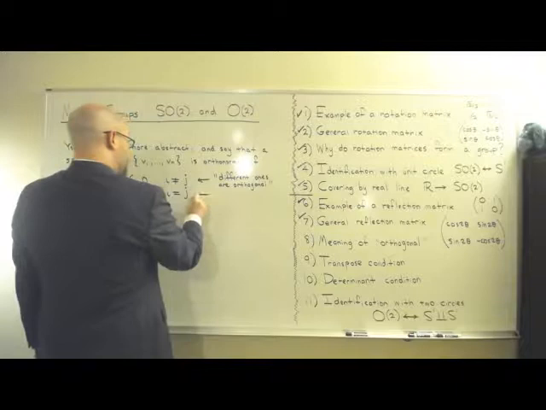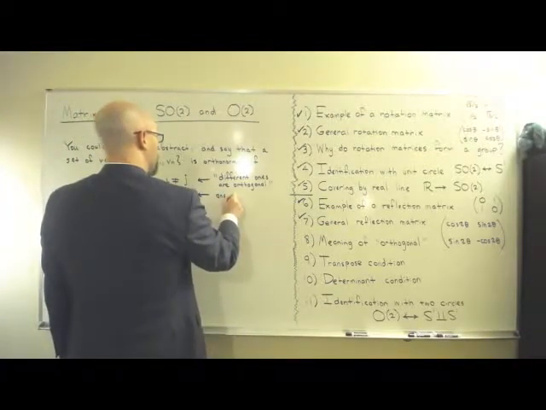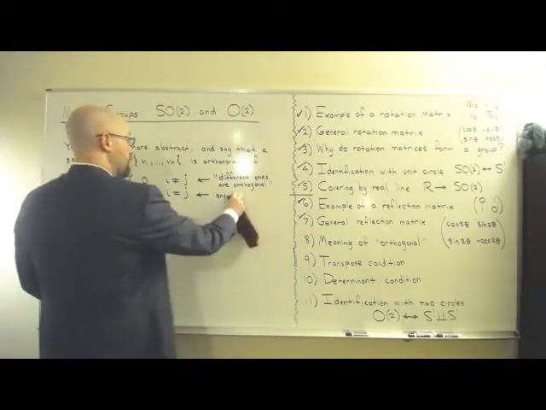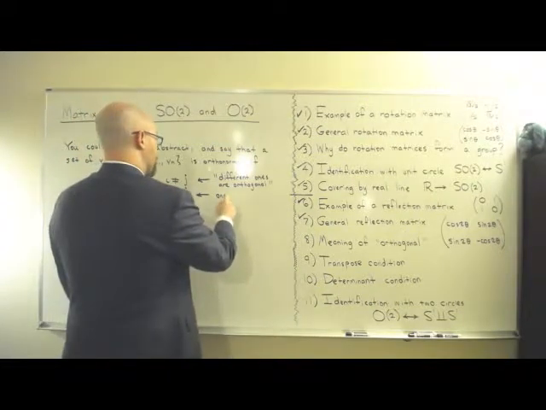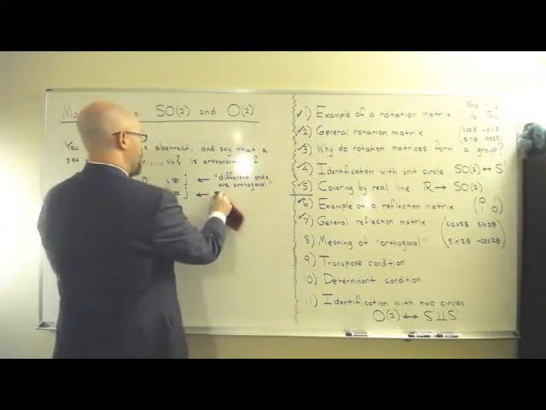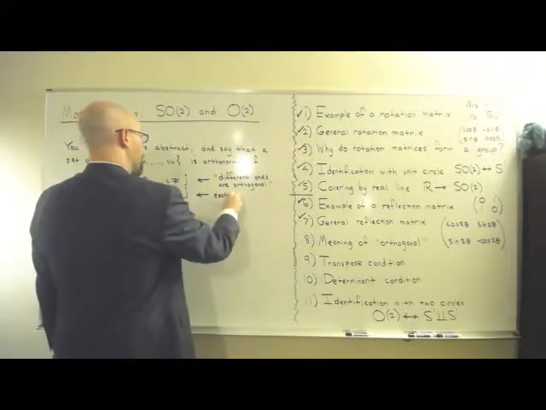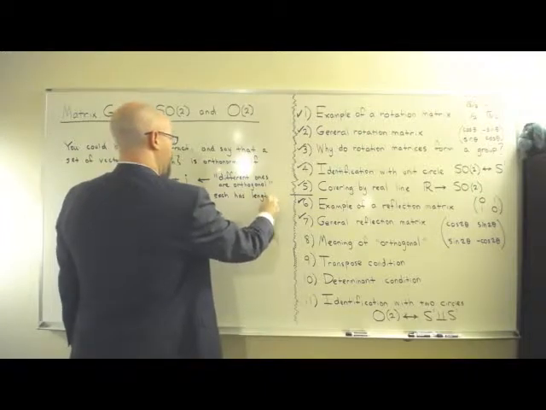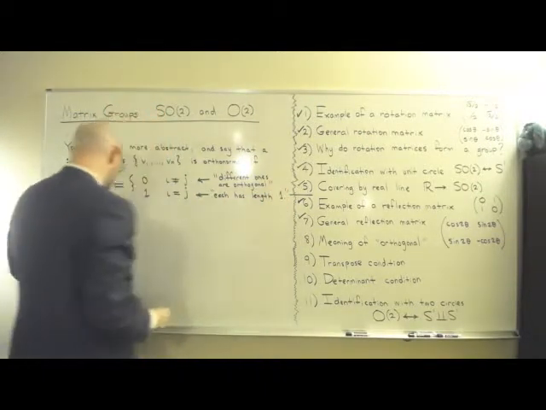And then this condition is saying that any individual vector, let me be a little bit precise there, let me say each has length 1. That's what this is saying here.